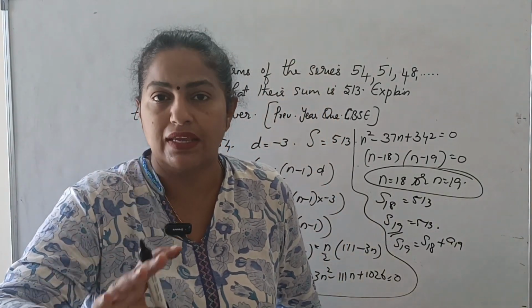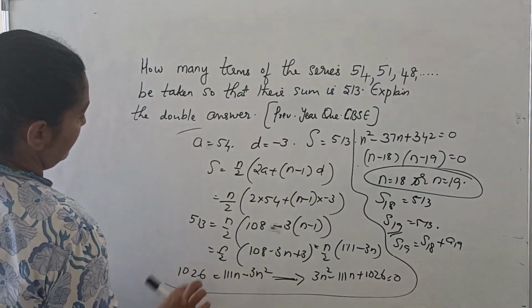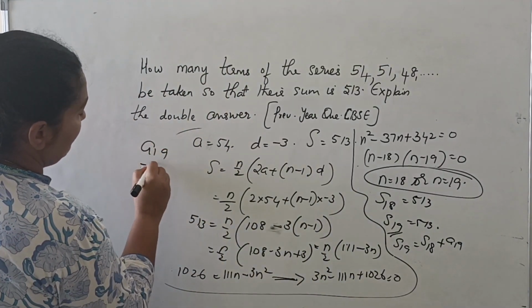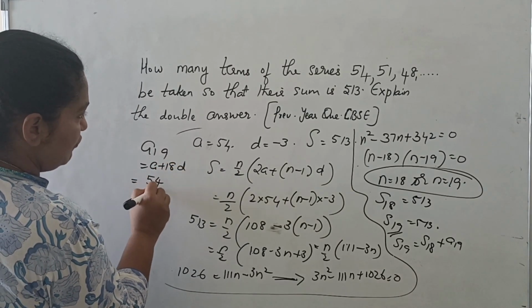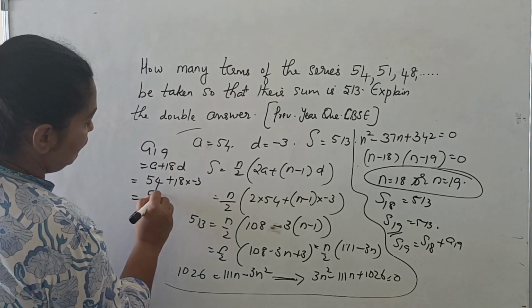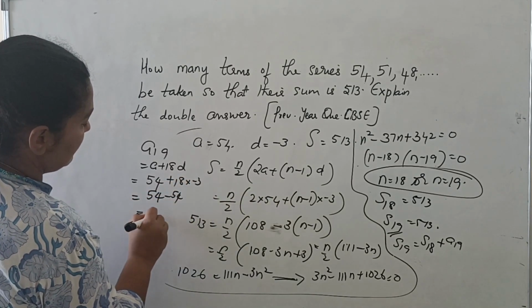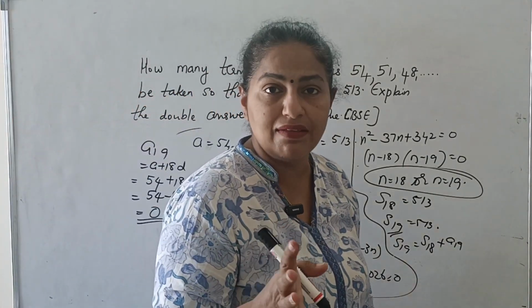So let us see what we get as the 19th term. A19 = a + 18d. What is the value of a? 54 + 18 into minus 3, which is 54 minus 54, giving us 0. So as expected, the 19th term is 0.